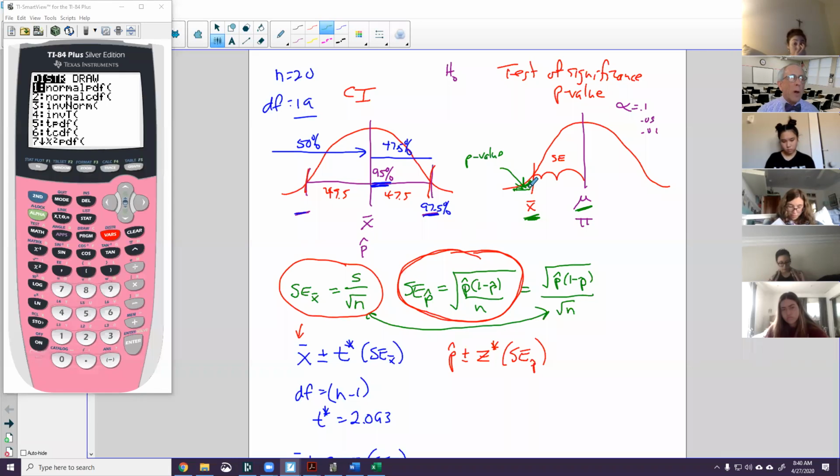It's just too small of a probability. So if I have a very small p-value, I'm going to reject my null hypothesis. This is not really the mean.